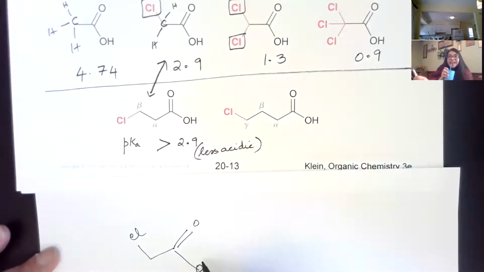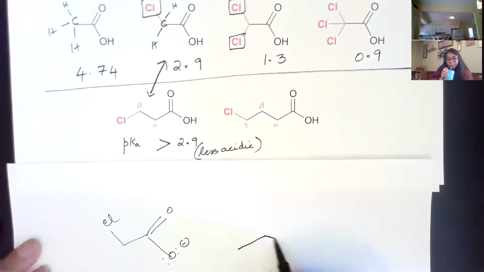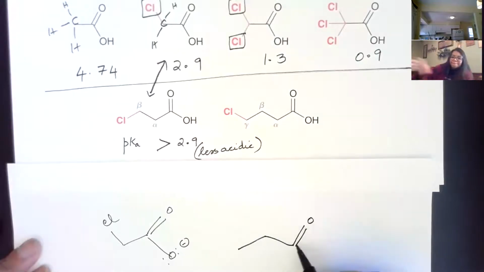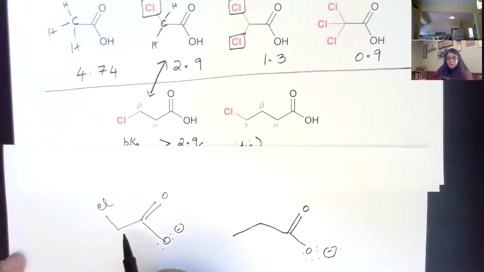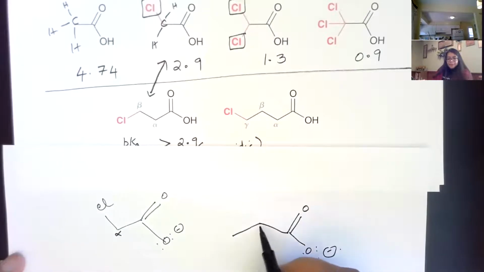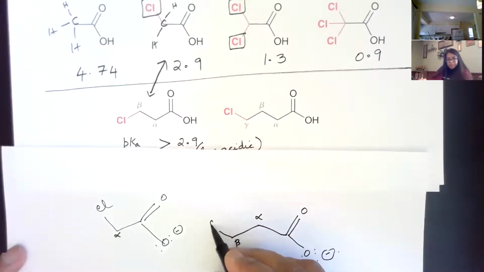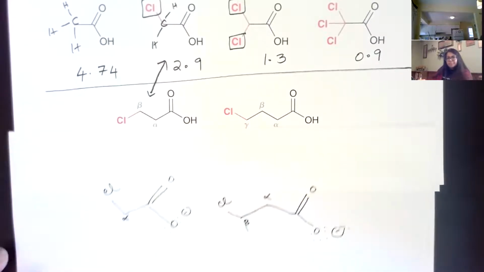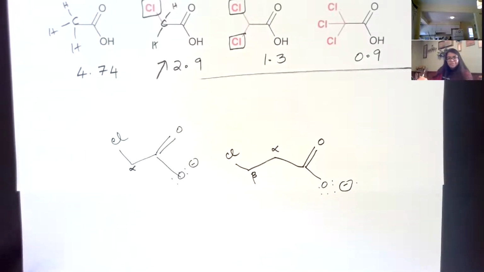Okay, so you have this conjugate base, and then I have the other one. Okay, this is alpha carbon. This is beta. And your Cl is here. Which will be more stable? Which will have a greater pull on the electrons?